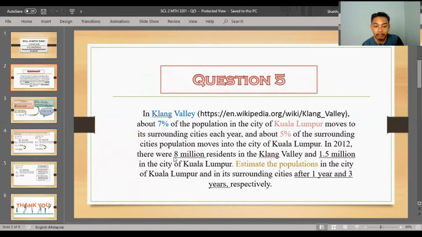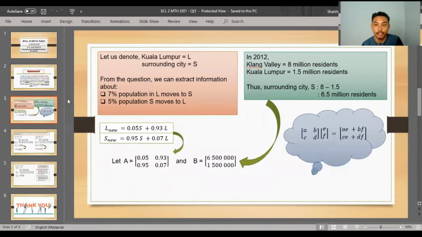So basically, we have to find the population of the city of Kuala Lumpur, and we have to find the population in the surrounding cities for the years 2013 and 2015. So let's move to the next slides, which is this.